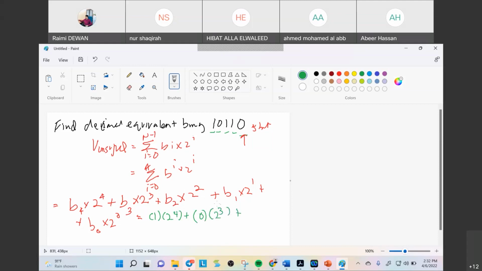Plus B2 is 1 and 2 to the power of 2. Then B1 is 1 times 2 to the power of 1. Now B0 is 0, 0 times 2 to the power of 0. So in the end, you will get the answer 22 base 10. Understand?